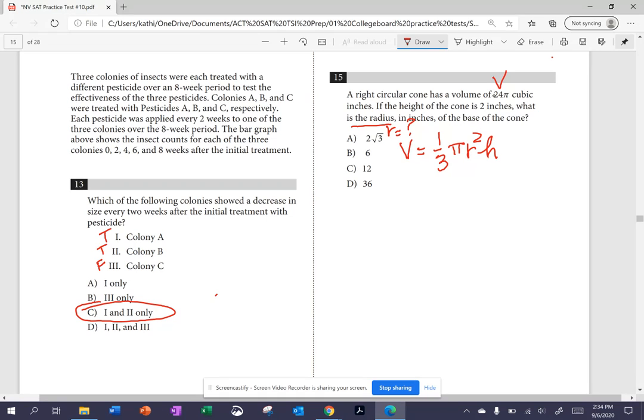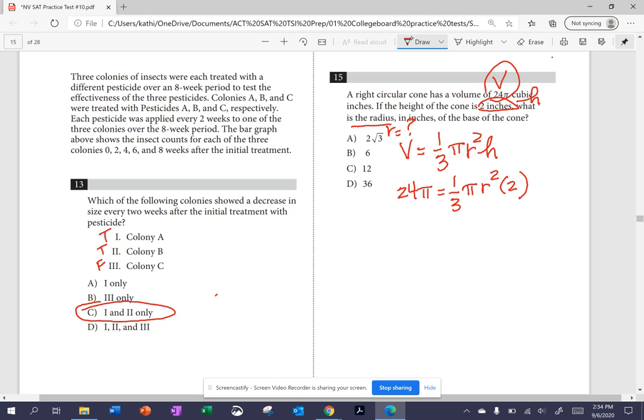So 24 pi is my volume. The height of the cone is 2 inches. So I'm substituting in: 24 pi equals 1/3 pi r squared, and h is 2.